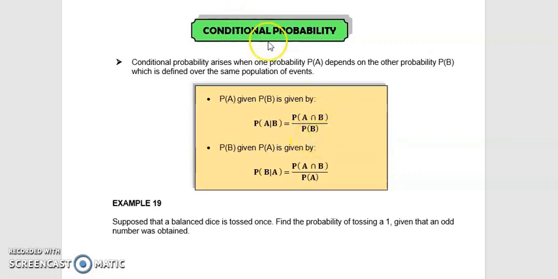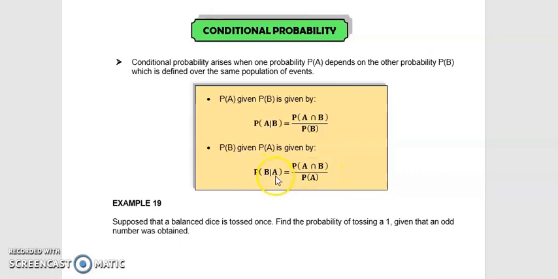Note that for conditional probability, the denominator must be the condition. Now the condition is B, so in order for A to occur, B must occur first. That is what is meant by conditional probability. Then if we have the probability of B given A, how to write this? The probability of B given A is equivalent to the probability of A intersect B divided by the condition.